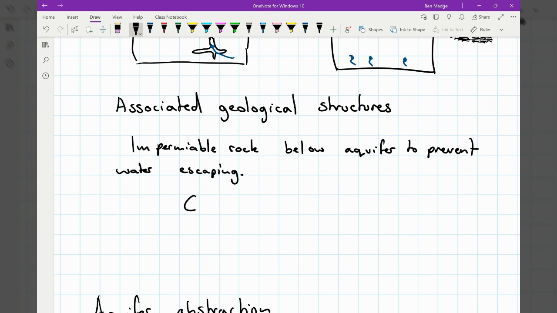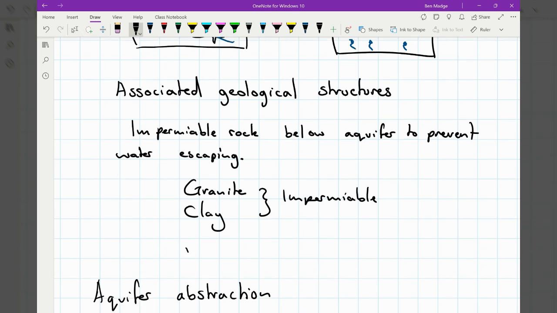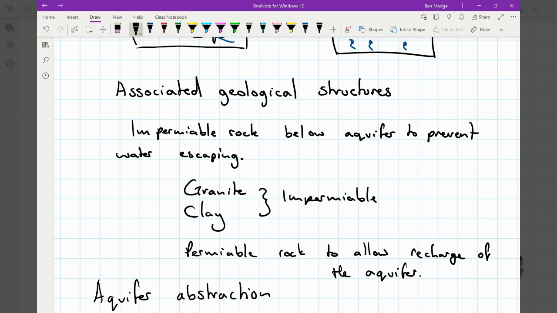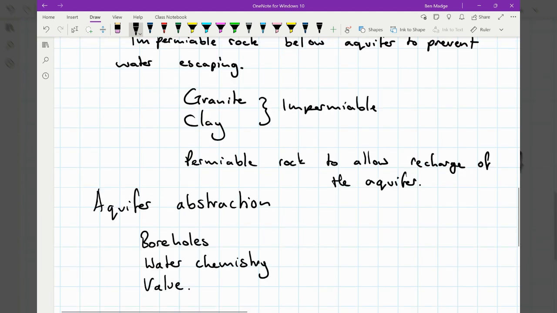So things like granite and clay are impermeable, and they prevent the water from escaping. But then you also need permeable rock to allow recharge of the aquifer, which means water being able to soak back in and fill it back up again after it's been used.